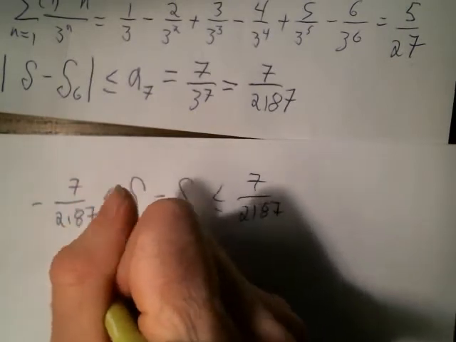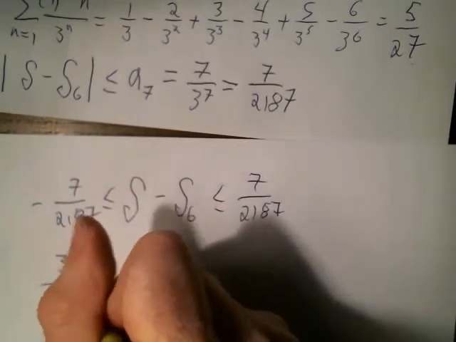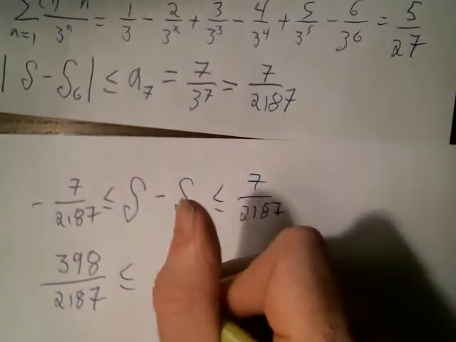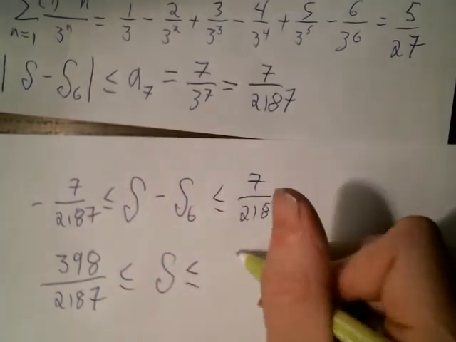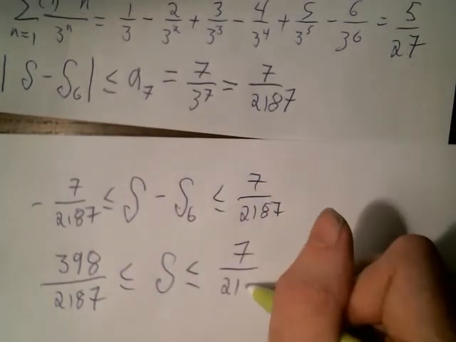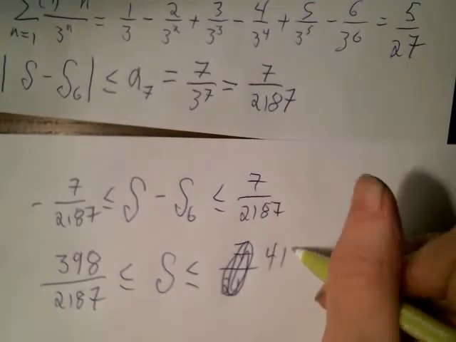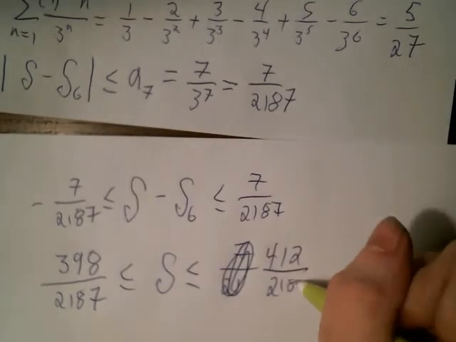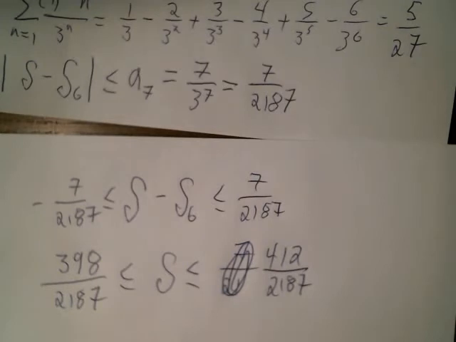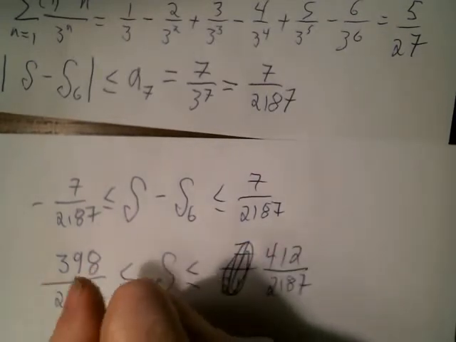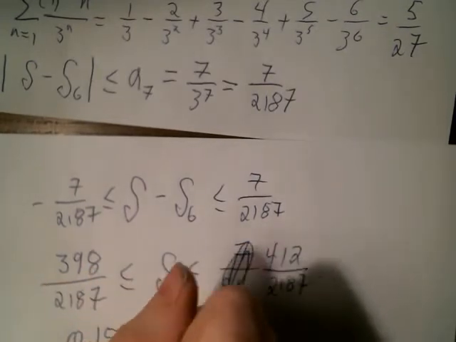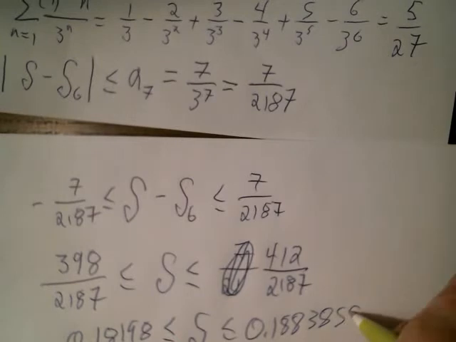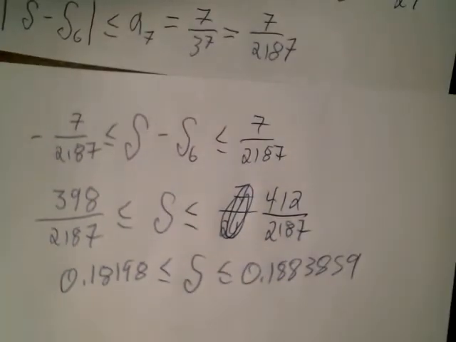I found that to be 398 over 2187 less than or equal to s less than or equal to 412 all over 2187. And then we can get some approximations. s is in between 0.18198 and 0.1883859. So you say it's about 0.18, right? It's in there somewhere.